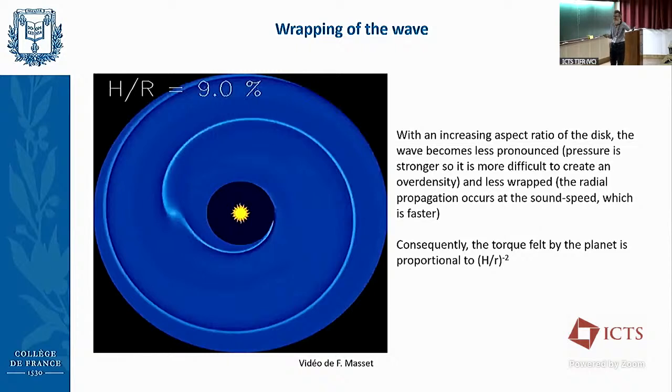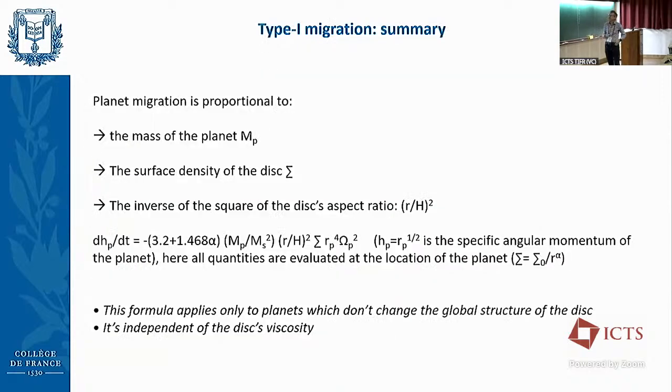So thinner disks exert a faster migration on the planet than thicker disks. We can summarize this initial part on what is called type 1 migration. Type 1 migration is the theory for planets that perturb the disk, but not enough to change the overall radial density distribution. Yes?